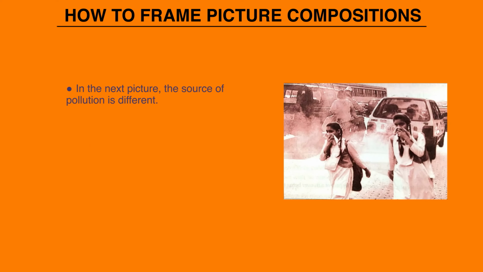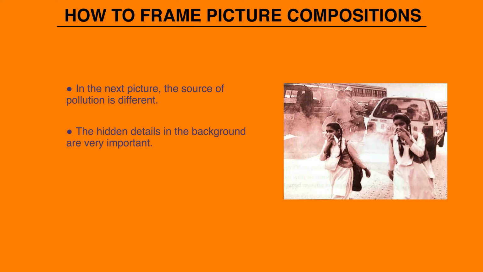The next picture too is related to air pollution, but the source is different. Why I've used this example is because when I was discussing the rules of picture composition, I hope you remember there was one point where I said that the details in the picture, the hidden details in the background, are very, very important.